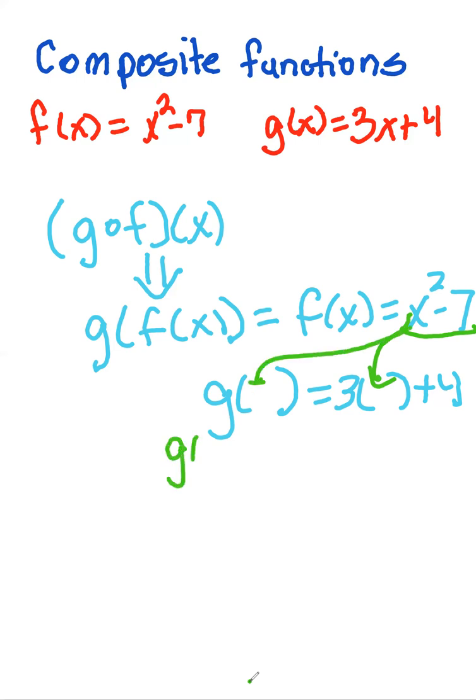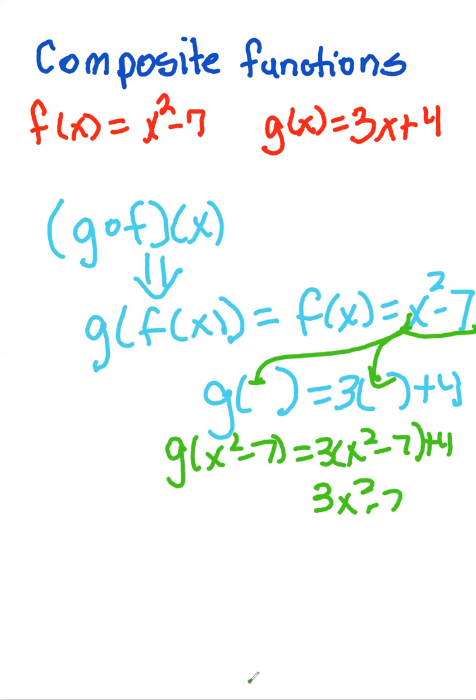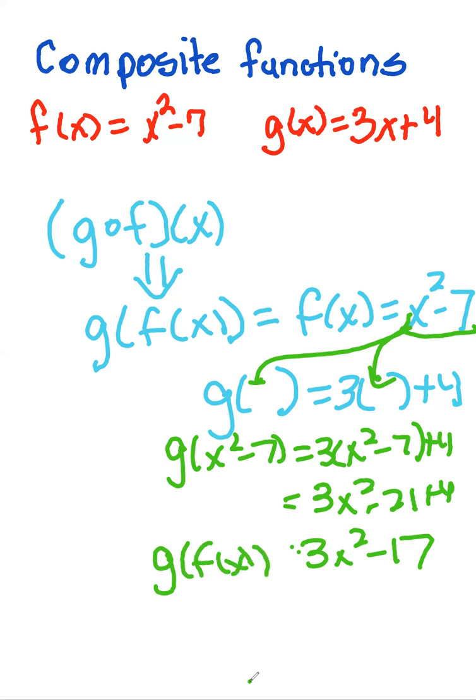So g of x squared minus 7 equals 3 times (x squared minus 7) plus 4. So 3x squared minus 21 plus 4, or 3x squared minus 17. So g of f of x equals 3x squared minus 17.